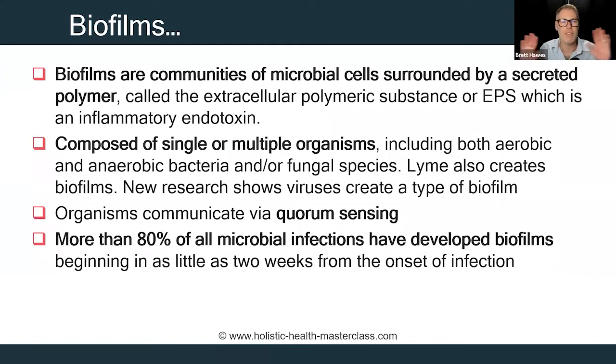Okay, so all that we're saying here in lay terms is these organisms create communities and they build this shell around themselves, which is very, very similar to crab shell, right? They can be composed of single or multiple organisms. You'll see there they can include aerobic and anaerobic bacteria or fungal species. Lyme disease also does that, so the Lyme bacteria, the Bartonella, and so forth. And new research also shows that viruses can create a type of biofilm.